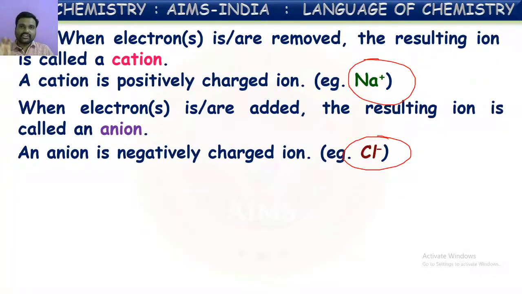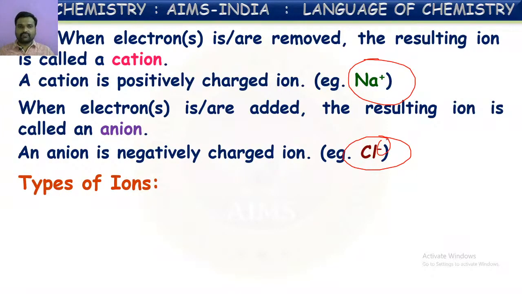Initially, in the neutral state, chlorine has 17 electrons and 17 protons. Positive and negative charges are equal, so it is neutral. But when it gains one extra electron, the extra charge is shown as a negative charge. These are called anions.